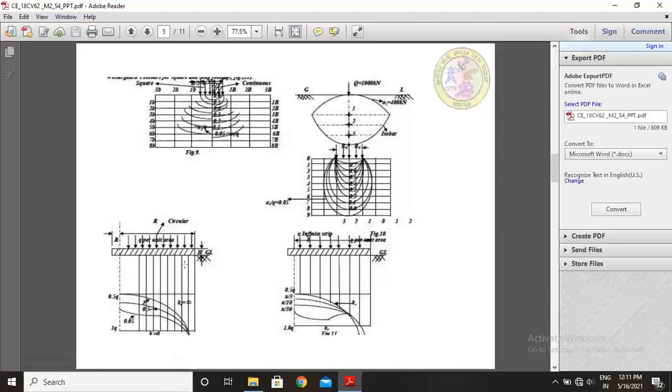See this figure. This is the ground level and this is the depth H, and the load acting is the surcharge load. This diagram is for circular footings of radius r.